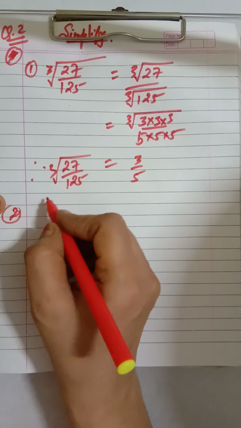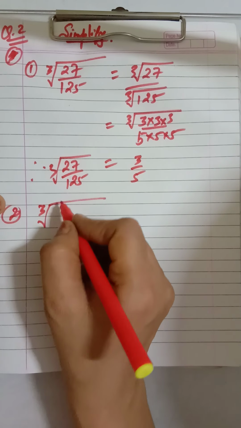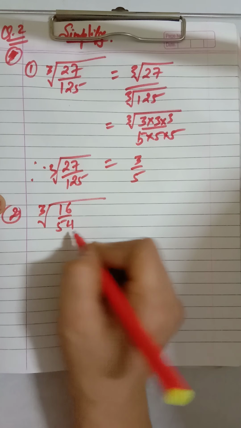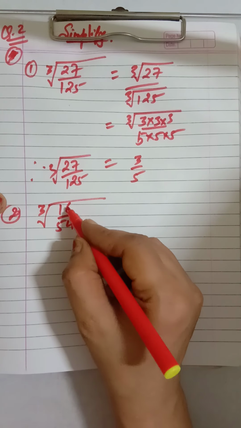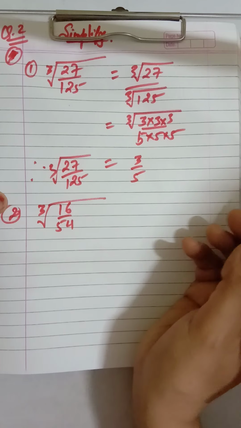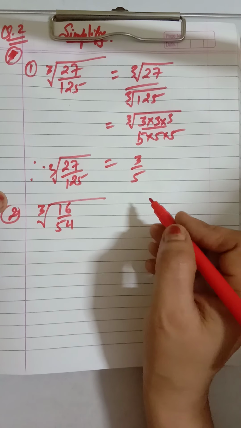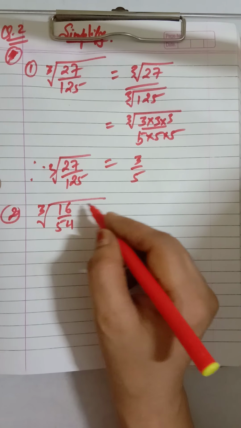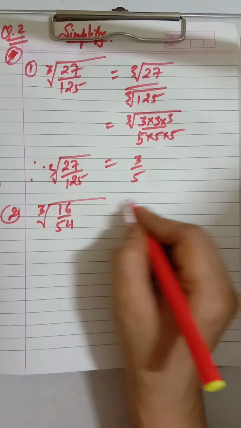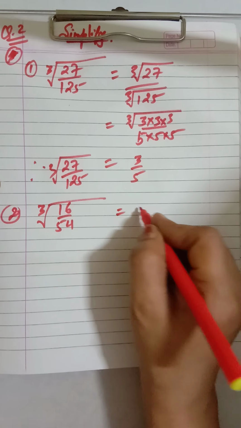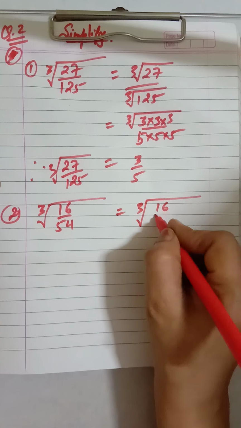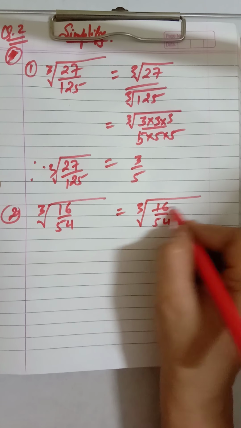Now the second one in this is cube root of 16 upon 54. Now you can see children, 16 and 54, both can be divided by 2. So 16 upon 54 you have to divide by 2.